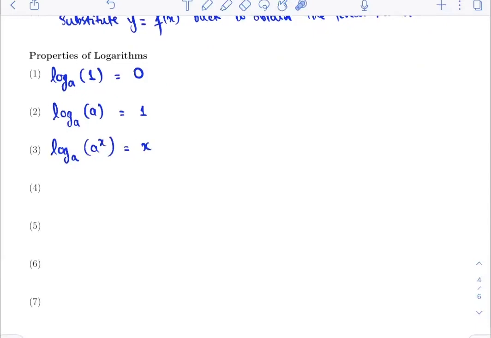On the other hand, if you have a to the power log base a of x, now you consider exponential and logarithmic functions, and they cancel out in a way, and you're left with x. These two properties are called the cancellation properties.